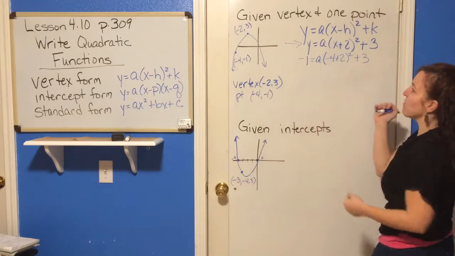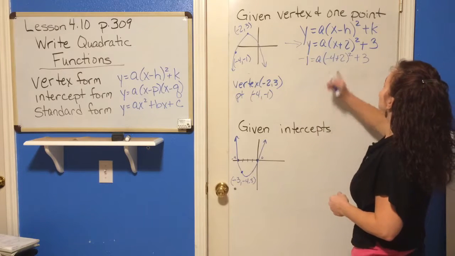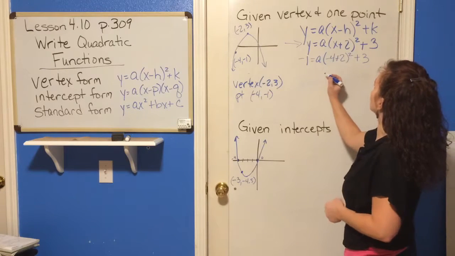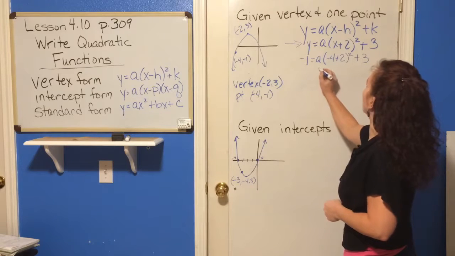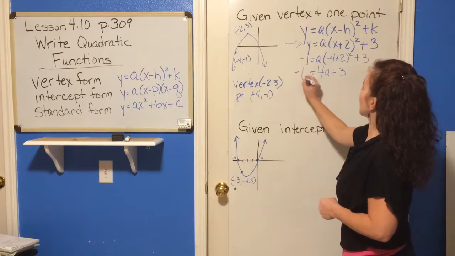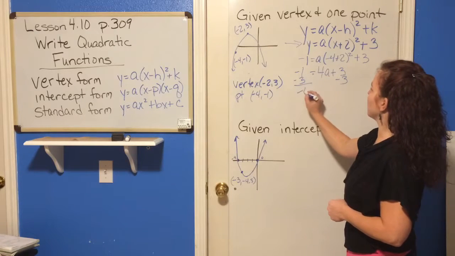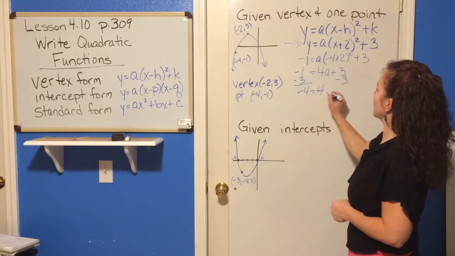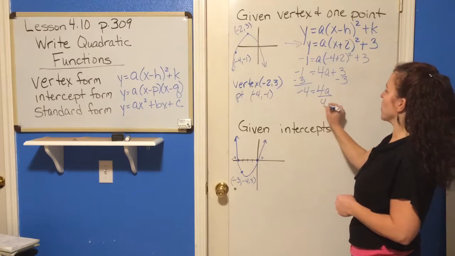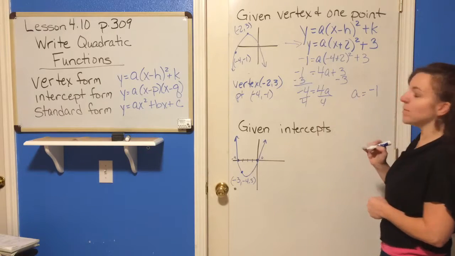Now it's just a mathematical equation that you solve for a. So -4 plus 2 is -2, squared is, yes, positive 4. So 4a plus 3 equals -1. Subtract 3 from both sides: -4 equals 4a. Divide by 4. So a is -1.